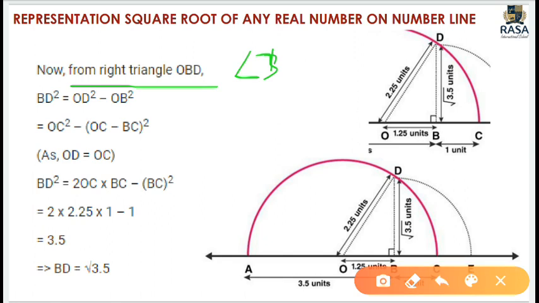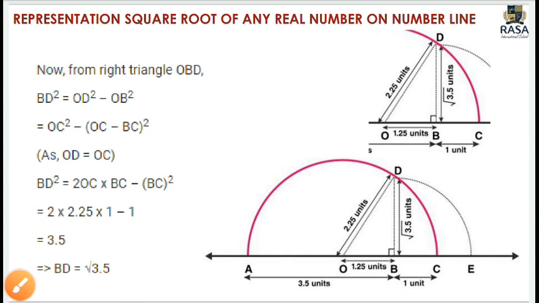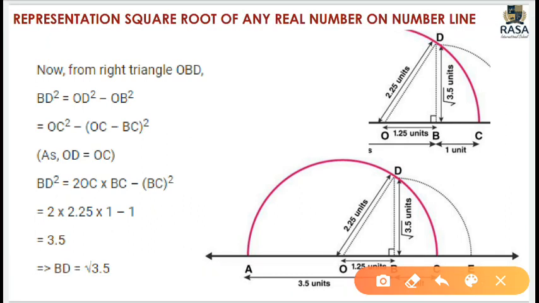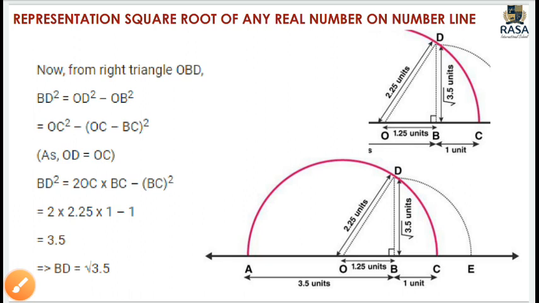Okay, so in a right angle triangle OBD, right angle at B, you can see that OB is equal to 1.25 units. Now how will it come? So let us see. Here you can find that your AB length is 3.5 units and BC is 1 unit.